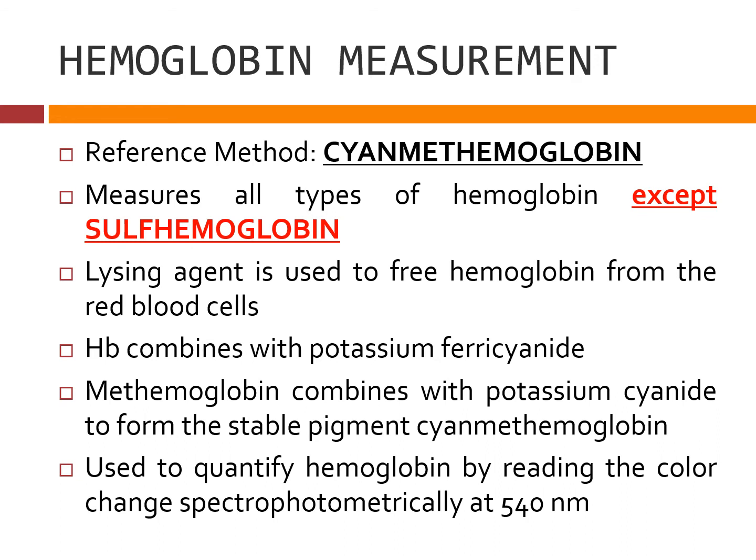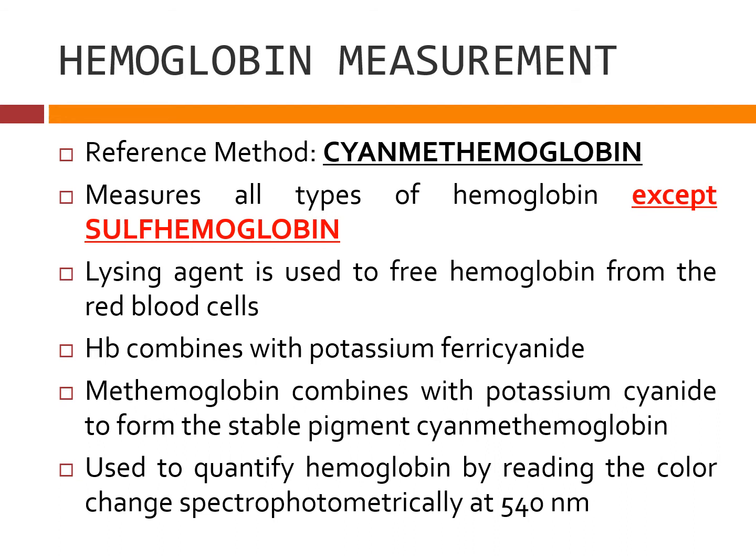And then after lysing the RBCs, one particular reagent is mixed with your sample, so that your free hemoglobin will combine with your potassium ferricyanide, and it will convert your hemoglobin from ferrous to ferric form, and it will become methemoglobin.